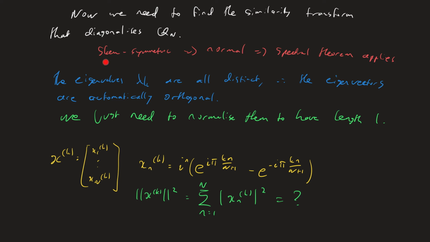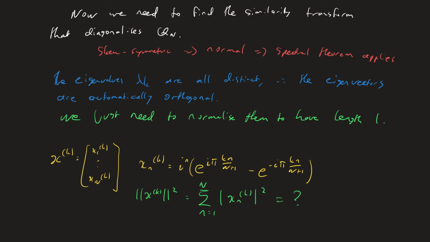Because Qn is skew-symmetric, it is a normal matrix, and in particular the spectral theorem applies. Because the eigenvalues lambda k are all distinct, that means the eigenvectors are automatically orthogonal to each other. This is a property of normal matrices and thus of skew-symmetric matrices.